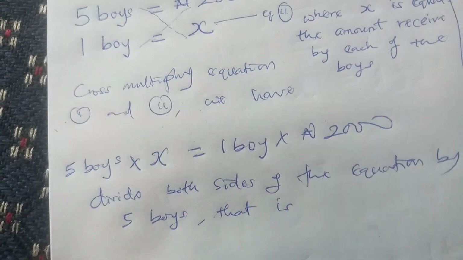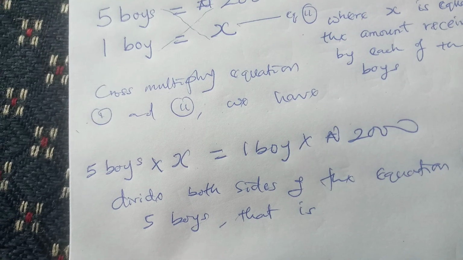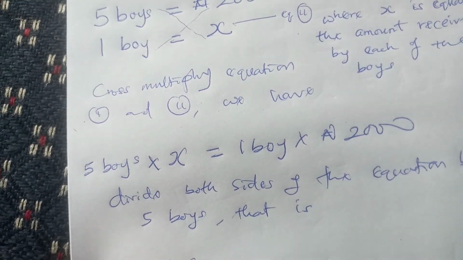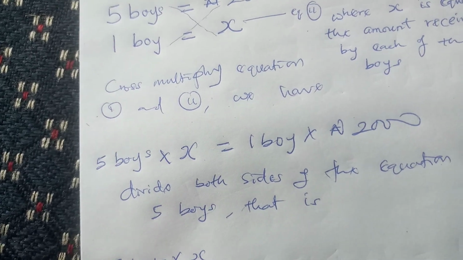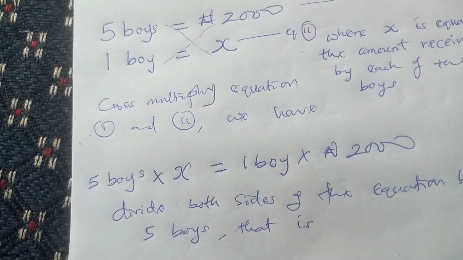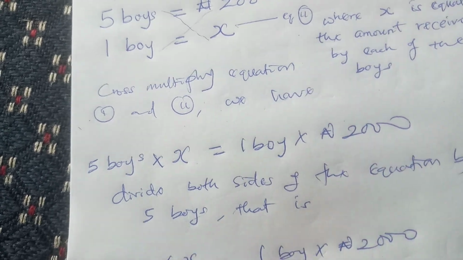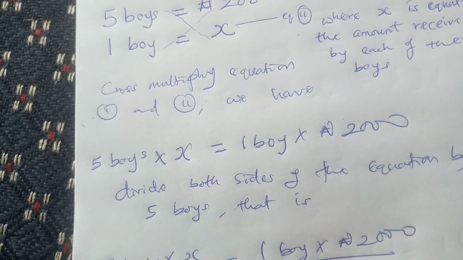That is 5 boys times x divided by 5 boys equal to 1 boy times 2000 divided by 5 boys.